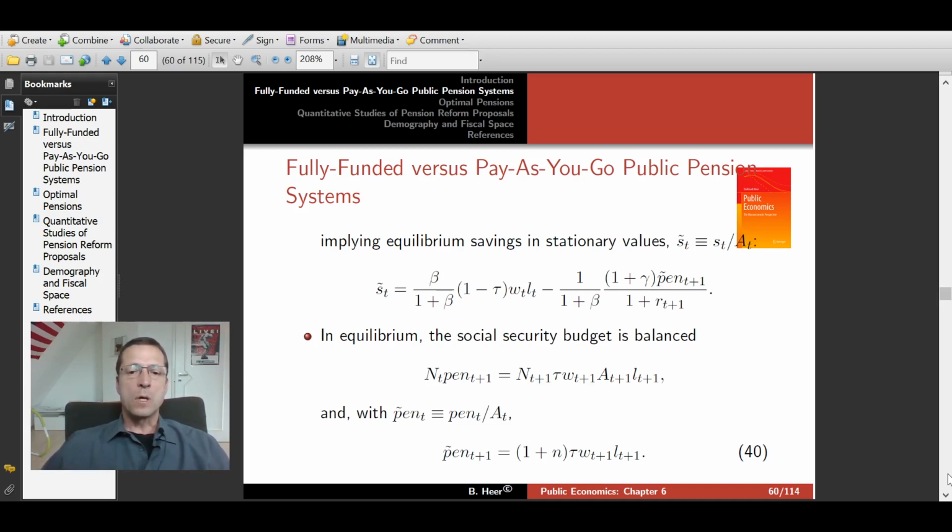Notice that the number of old people in period t+1 is equal to the number of young people in period t, N_t, and that the number of workers in period t+1 who contribute to the social security system is equal to N_t+1. And by dividing through N_t, we get the stationary social security budget equation 40.